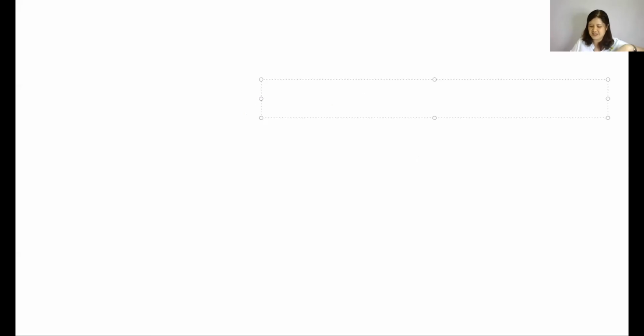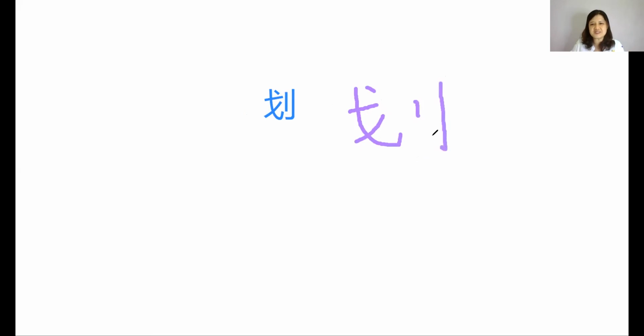The next character is this one. Let's calculate together. 1, 2, 3, 4, 5, 6. This particular word consists of 6 strokes.